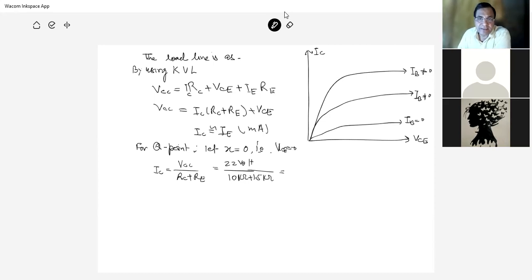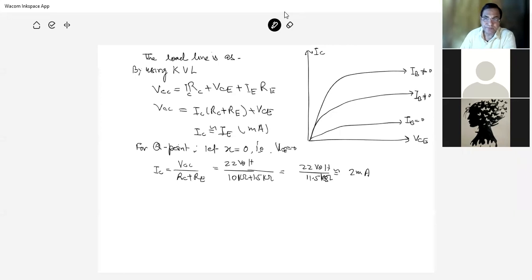So how much is it? This is 22 volt divided by 11.5 kilo ohm. So this is 22 upon 11, you can say approximately 2 milliampere.